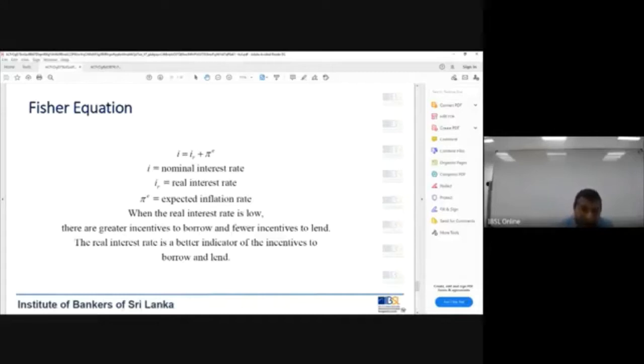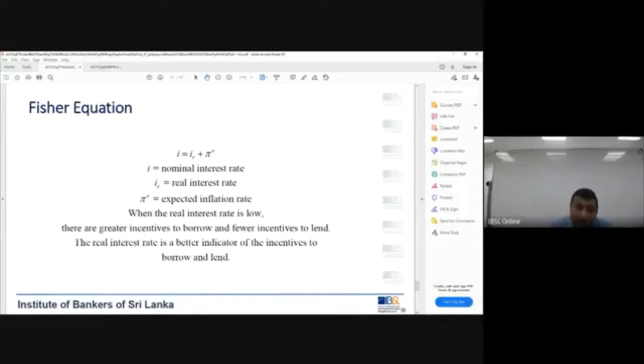So the equation I equals IR plus πE: you take IR to the other side, then I minus IR is πE, expected inflation. That's one thing. If you want to calculate the real interest rate, you take πE to the other side. Out of these three elements, if you have two, you can calculate the third.